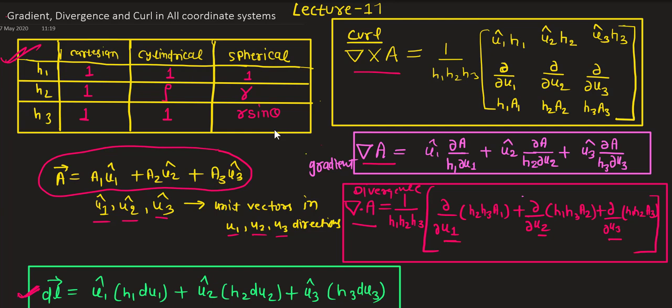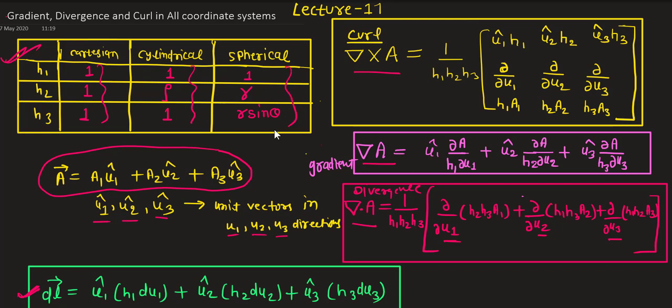For the Cartesian coordinate system, h1, h2 and h3 are simply 1, 1, 1, so there is no scaling factor. We have discussed most of these formulas for Cartesian coordinates. To get these formulas for the cylindrical and spherical coordinate systems, you just have to use different h1, h2, h3.